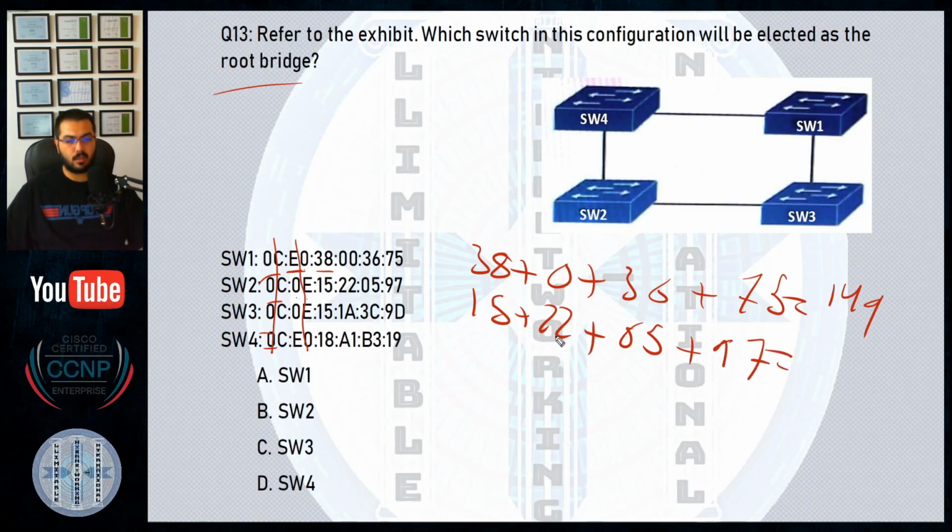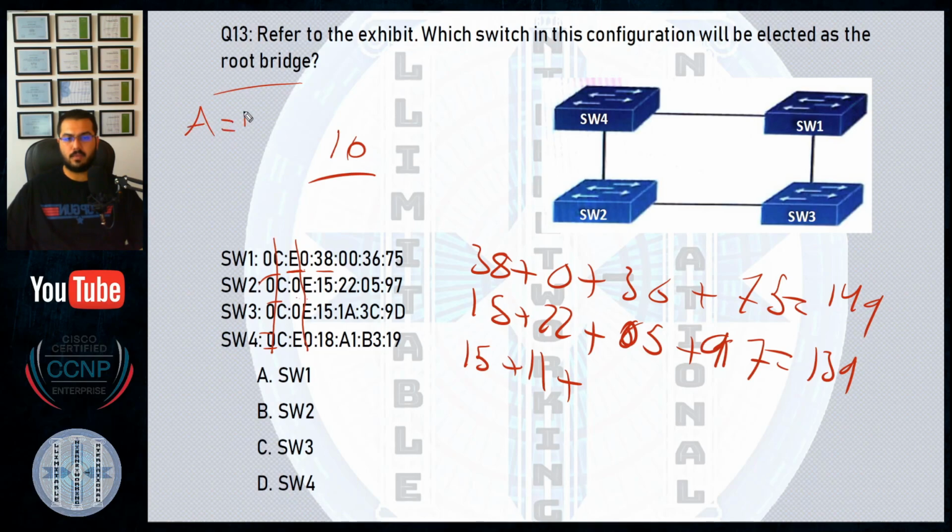That will give me 37, 42. 97 plus 42 will be 99 plus 40, 139. Okay, 15 plus A and 1. A gives the numerical value of 10, so that will be 11 plus 3 and C.